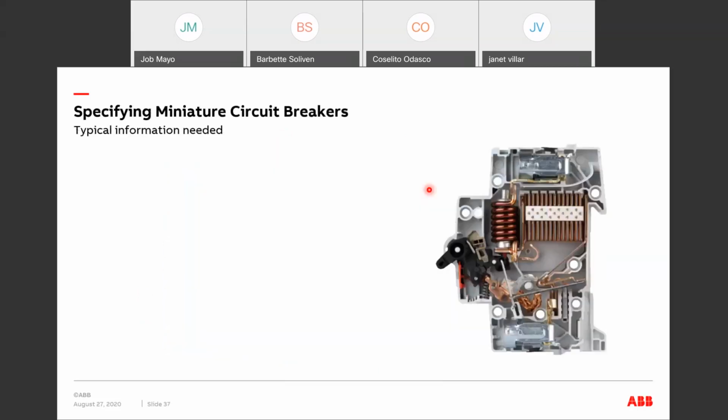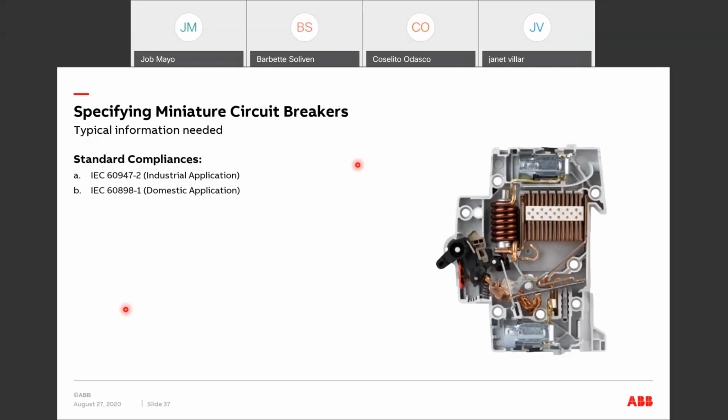So let's move forward with specifying miniature circuit breakers. Here is the typical information needed. Again, we need to understand which standard we will use depending on the location where we will install the miniature circuit breaker.